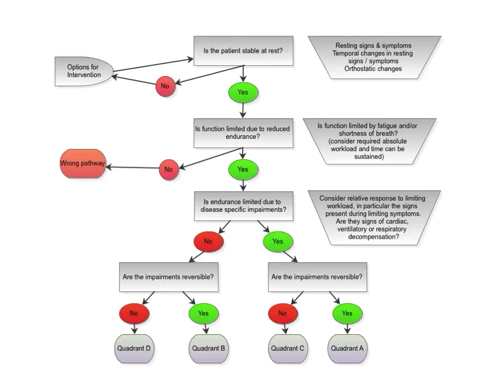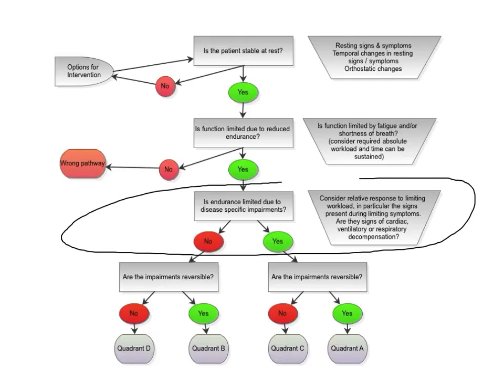To keep us going back and being oriented to the algorithm, we are really in this part. We're introducing this section here, really. Is endurance limited due to disease-specific impairments?